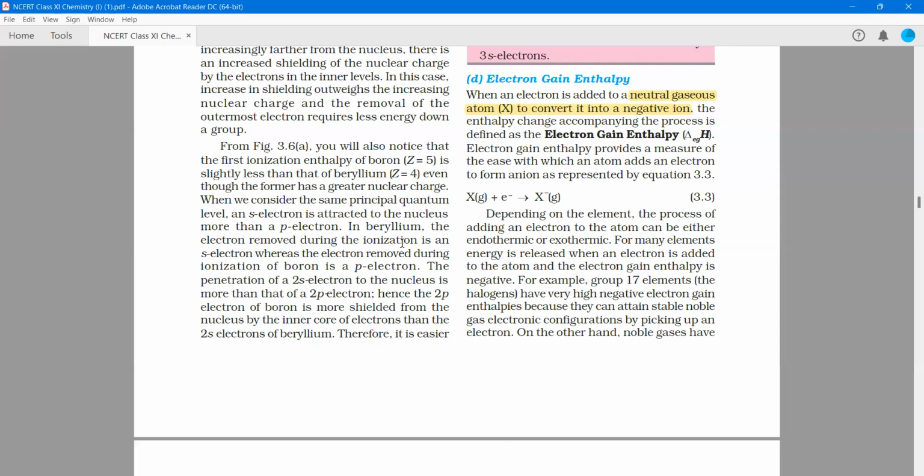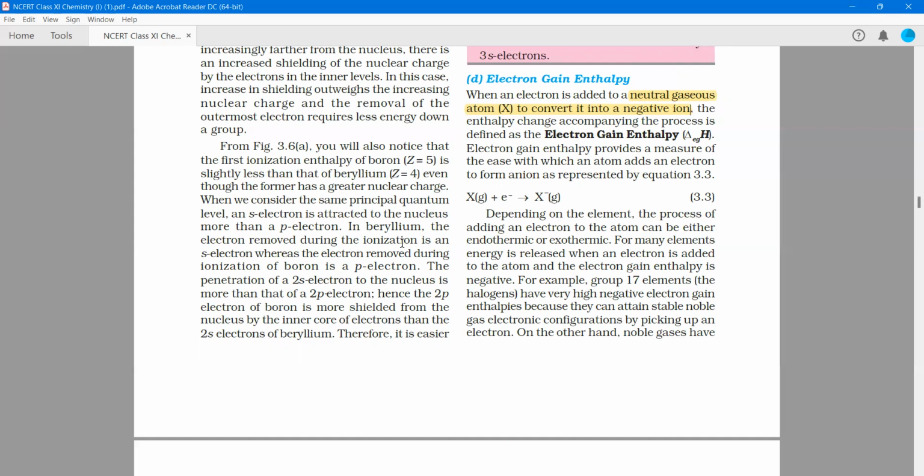So we can say that electron gain enthalpy will increase when you go from left to right.